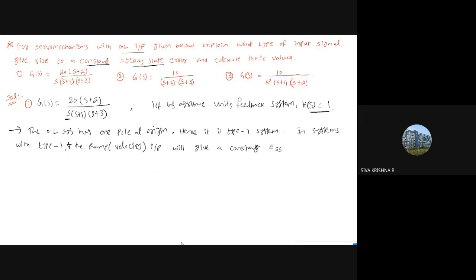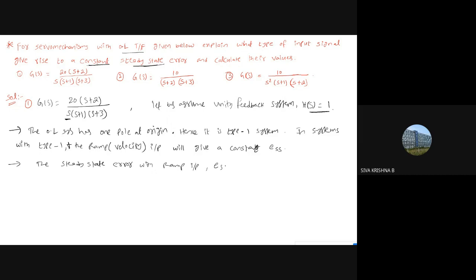What is that ramp input? That means the steady state error with ramp input.